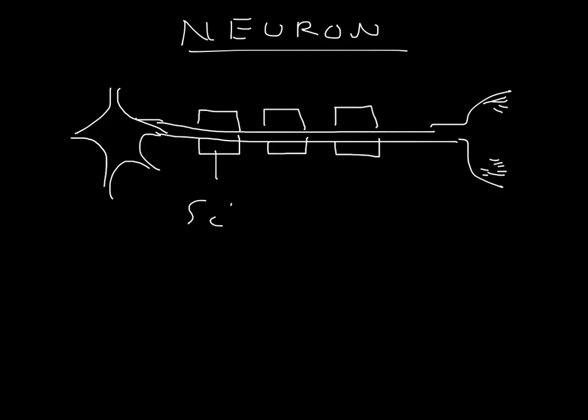So this would be a Schwann cell, which we know consists of a substance called myelin. This is the axon, which is the primary functional component of the neuron.